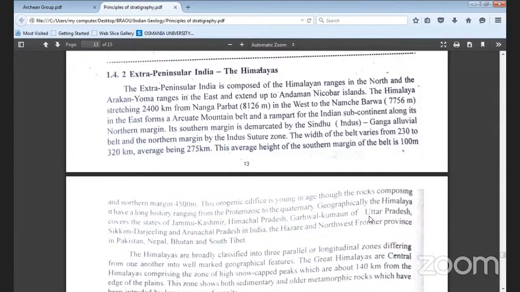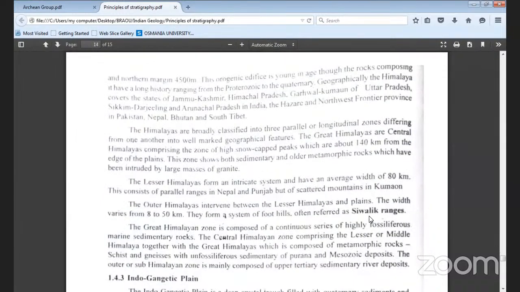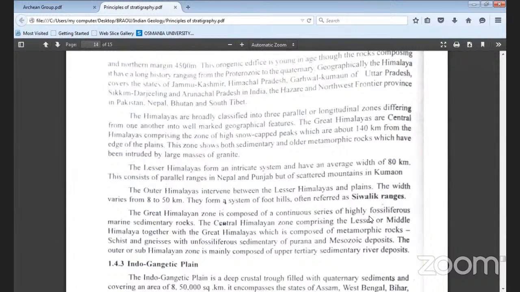The width of this belt varies from 232 to 320 kilometers, and the average width is 275 kilometers. And the northern margin is around 4,500 meters.